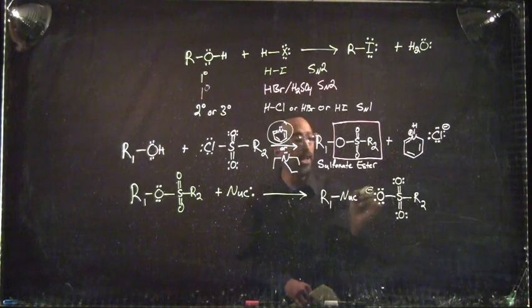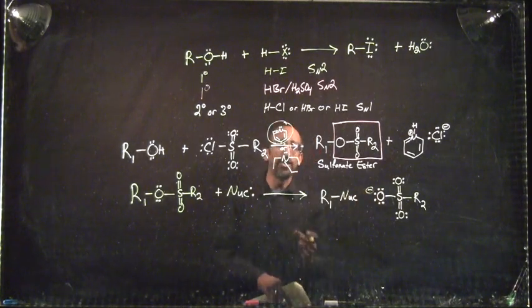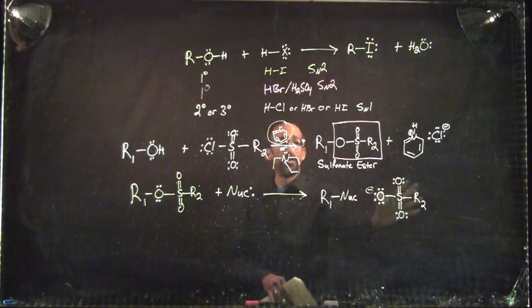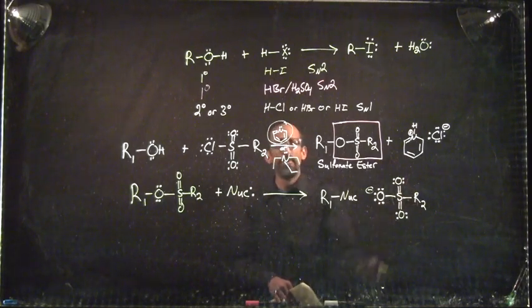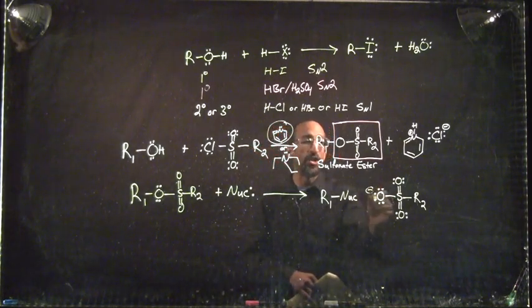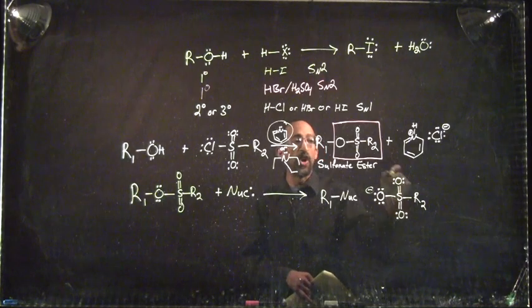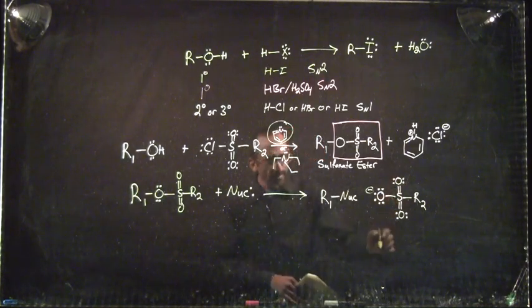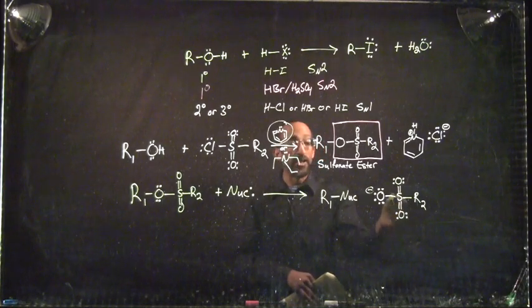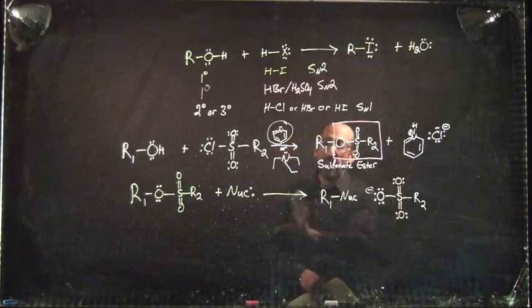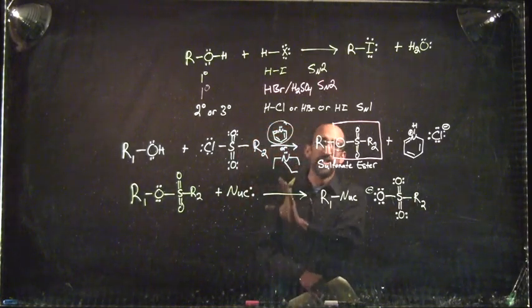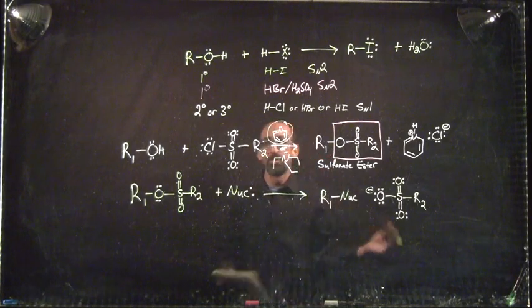And if you recall from lecture, we talked about how the conjugate base of sulfuric acid is a very weak base, so it's a good leaving group, but it's also a very poor nucleophile because this negative charge is delocalized across all three of the oxygen atoms. And so now we have both a weak base and a poor nucleophile, and so these are very favorable transformations, right? Using sulfonate esters is a great way for us to do substitution reactions.